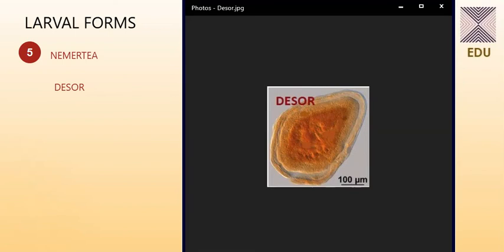The general course of development is very similar to that of the pilidium. Here the juvenile forms from the imaginal discs under the larval epidermis, as we have seen in the pilidium also.